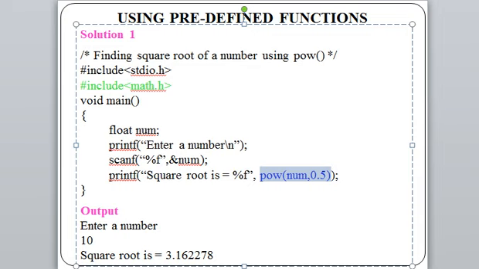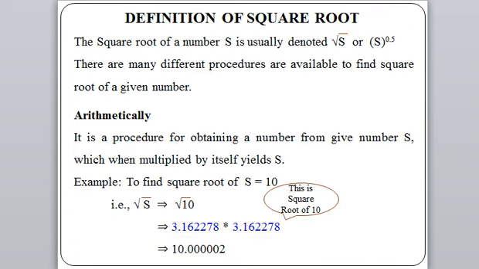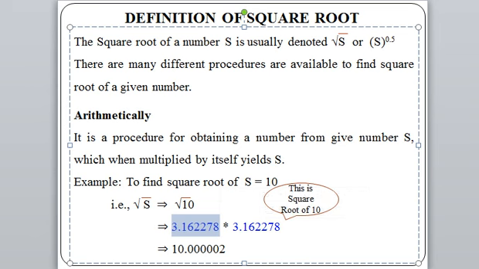So 10 comma 0.5: num is nothing but the base, and 0.5 is nothing but the exponent. So when I write num comma 0.5 inside the pow function, it means 10 to the power 0.5. We already computed this mathematically in this fashion. So this is nothing but the square root of that 10.